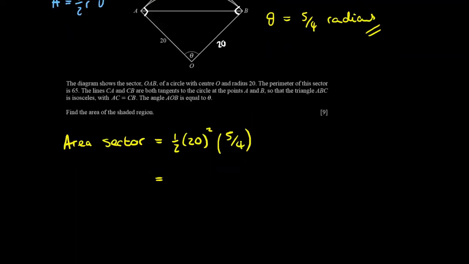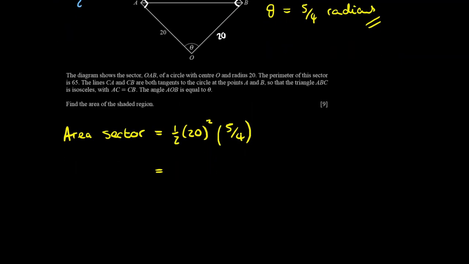Okay, now I'm going to key all this into a calculator because I don't want to make a slip with my arithmetic. Okay, so 20 squared times by 5, divide by 4, and then divide by 2. I get that as 250. Okay, so 250 centimeters squared, I guess.